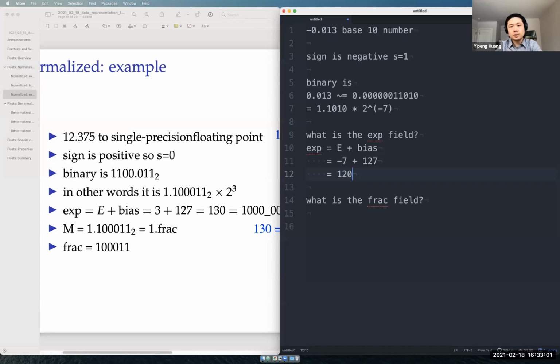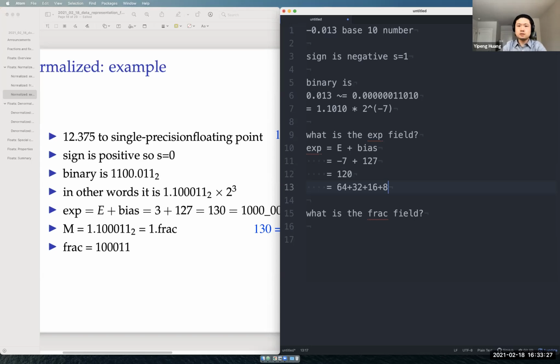And again, we need to record these as binary numbers. So 120 in binary is 64 plus 32 plus 16 plus 8.